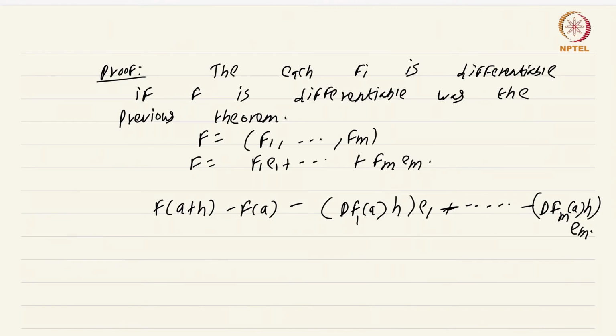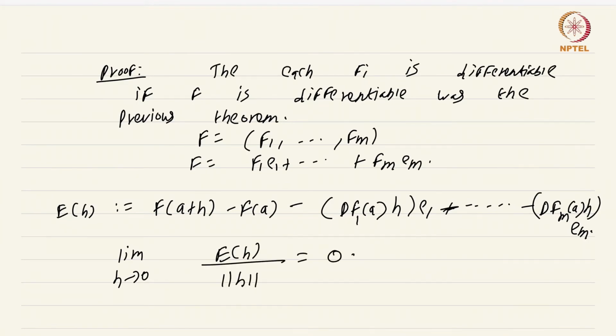Okay, so we have just written down the map we are interested in, and what we are going to show is that this remainder, I'm going to call it e(h), satisfies the limit as h goes to 0 of e(h) divided by norm h is equal to 0. This will show, by the remark that I made just after I defined the derivative, that the function f is differentiable and the candidate derivative that we have is indeed the derivative map.